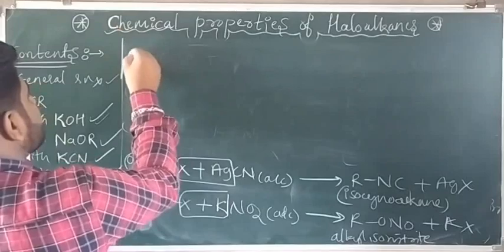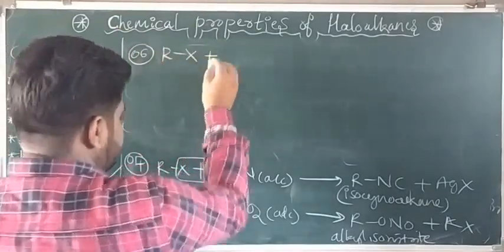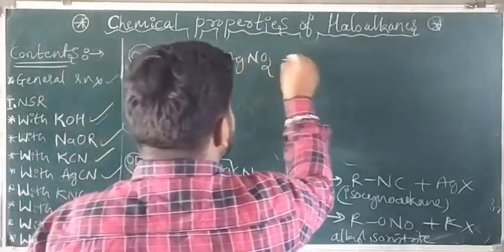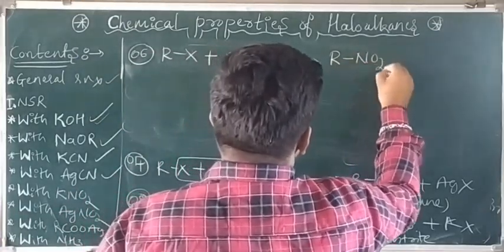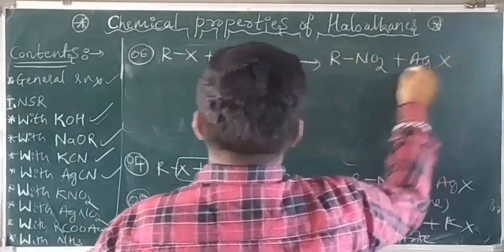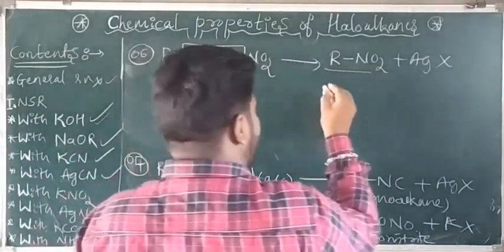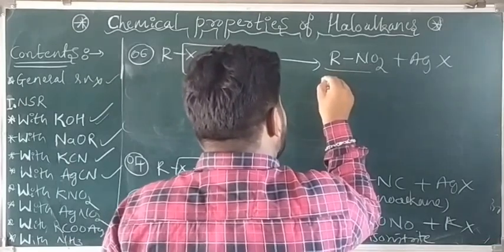And next, sixth reaction, when we treat haloalkanes with AgNO2, that is silver nitrite, we got RNO2 plus AgX as a byproduct. So this is nothing but nitroalkanes.